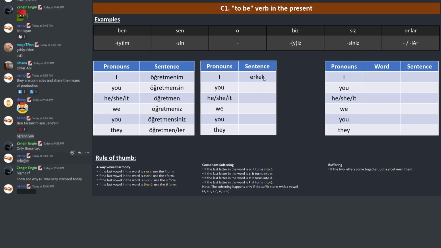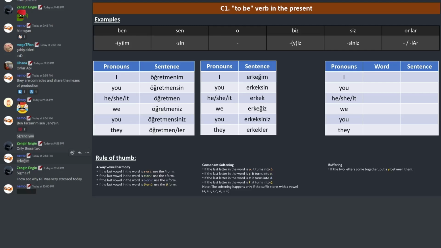So I have to change this K into soft G, and it becomes "erkeğim." "Ben erkeğim." And "sen erkek..." So "sın" is what I need, this part. Checking if there's a vowel: no, there's S. K and S, no softening is needed. So "erkeksin." And then "erkeğiz," "erkeksiniz," "erkekler." I hope the pattern is clear for the beginners, for new people.